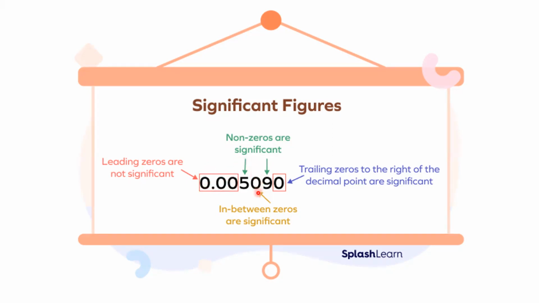However, zeros that are in the middle of 2 non-zero digits are significant. And trailing zeros to the right of the decimal point are significant, all right? They have to be trailing zeros, and they have to be to the right of the decimal point in order for them to be significant.